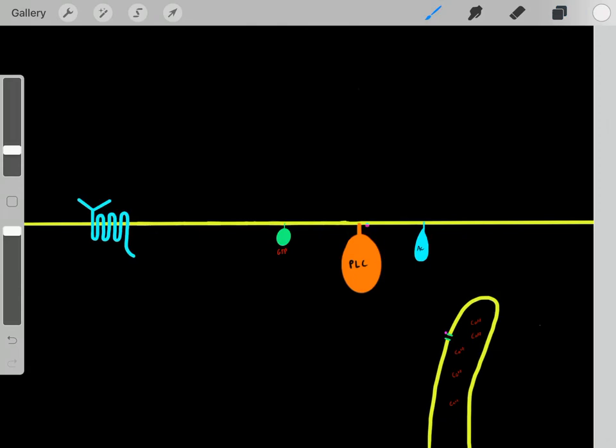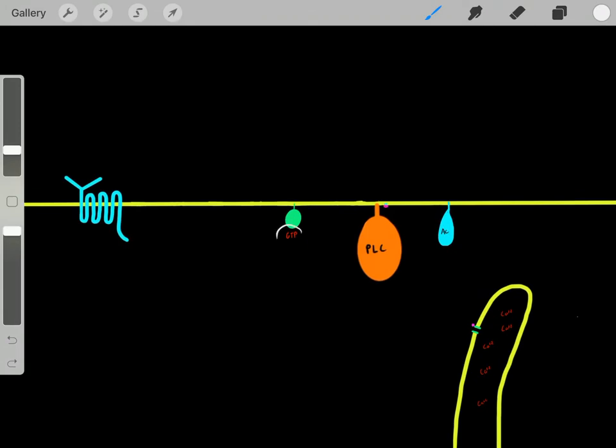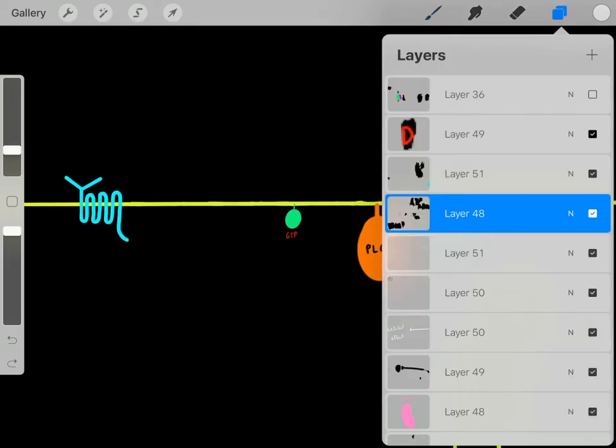But something important to realize is that once we have this activated alpha subunit with this GTP, as long as it's bound to a GTP, it's activated and it can activate these effectors. However, these alpha subunits have intrinsic GTPase activity, which essentially means after a certain period of time, this GTP will hydrolyze into a GDP.